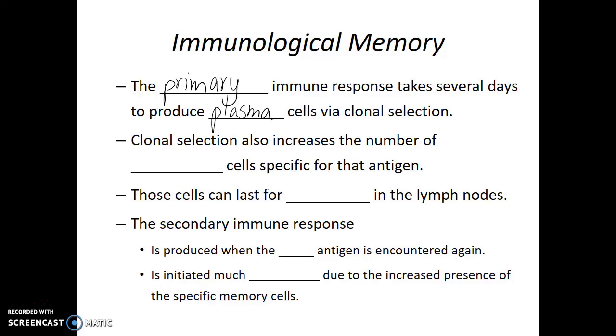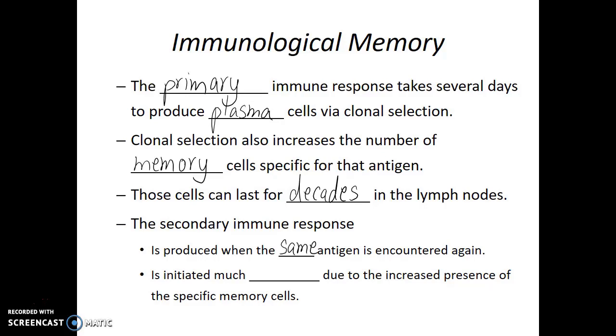However, after that initial round of clonal selection and we've produced some plasma cells, we've also greatly increased the number of memory cells for that particular antigen. Those memory cells can last for up to decades in the lymph nodes. The secondary immune response is the next time we encounter the same antigen.